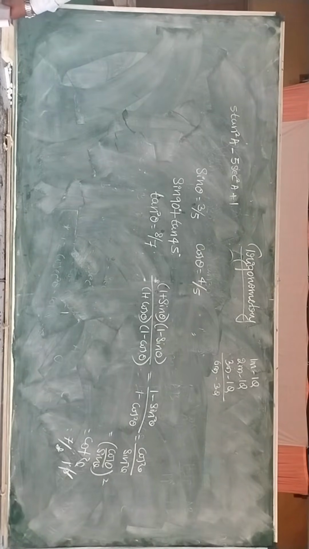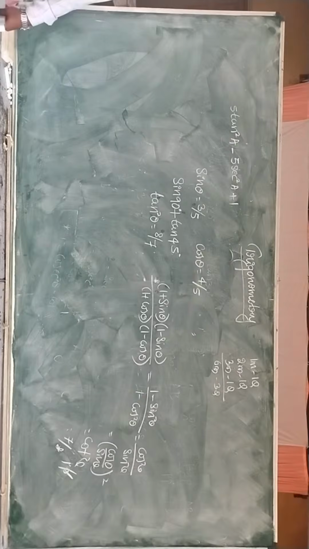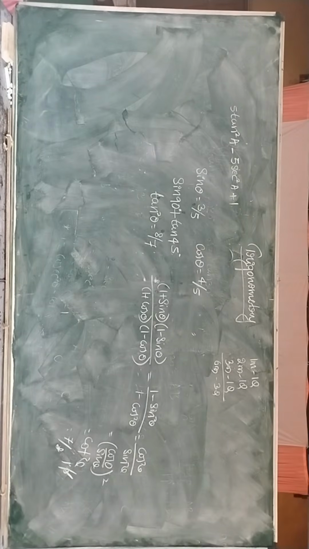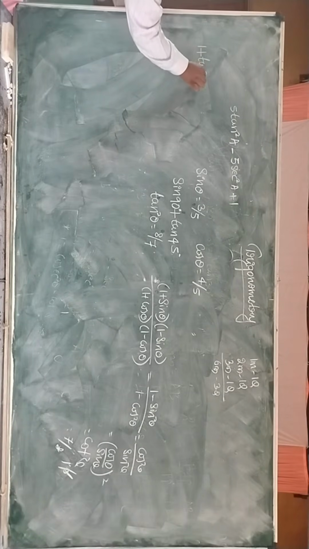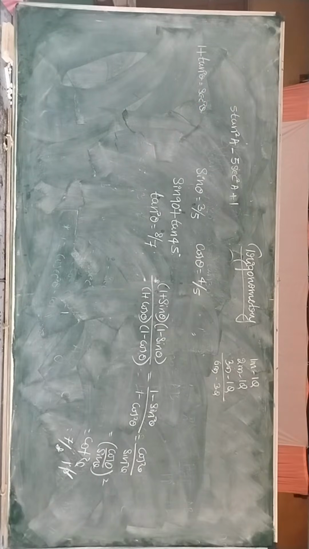6. 5 is there. 5 into tan square A minus sec square A. 6. Yes, again, anyone? You have to revise the identities. 1 plus tan square theta is equal to sec square theta.